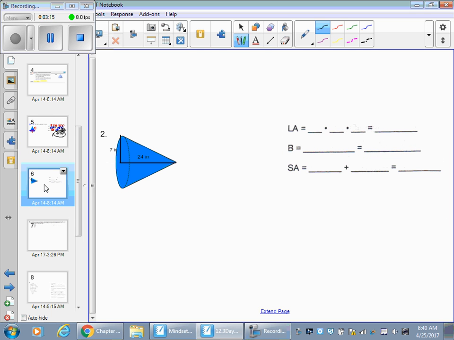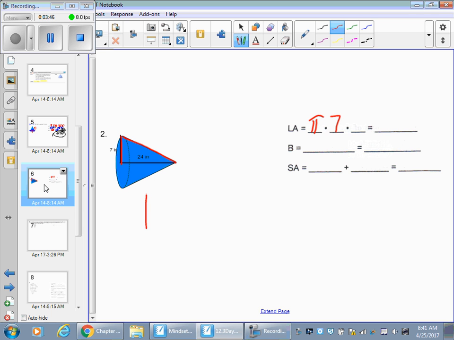Okay, so moving on. I've got this cone. Remember, the base is always the circle. So this cone, the lateral area is going to be pi r. The radius is right here, so that's 7. And the slant height, oh shoot, there's nothing on the slant height.